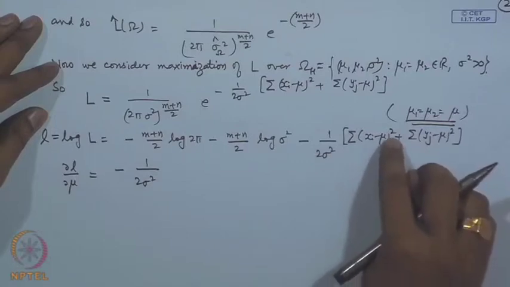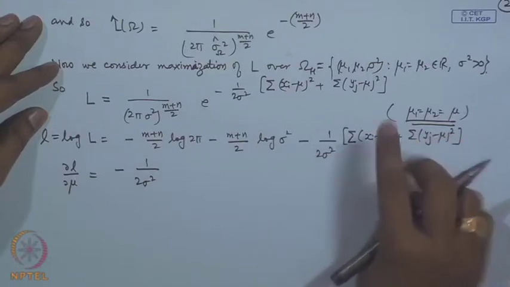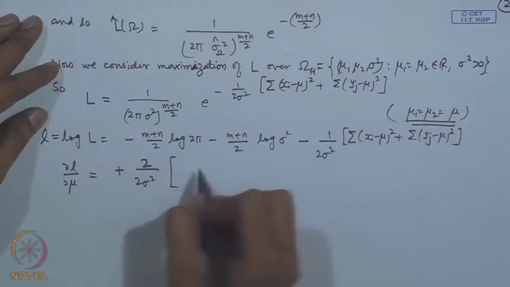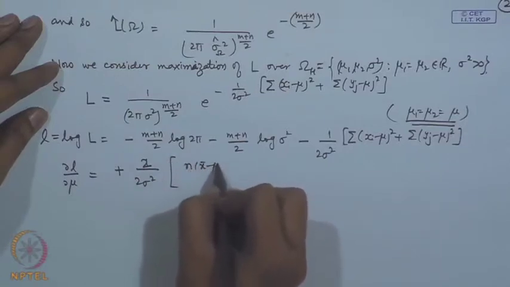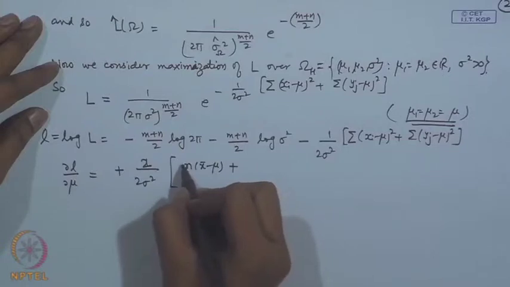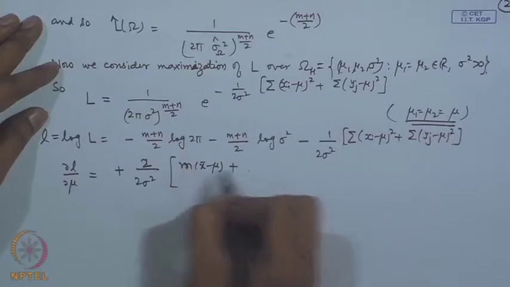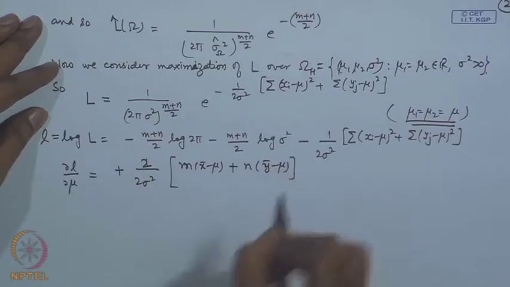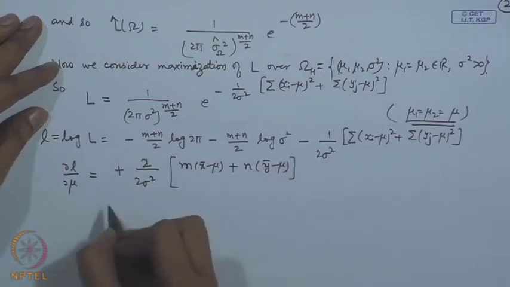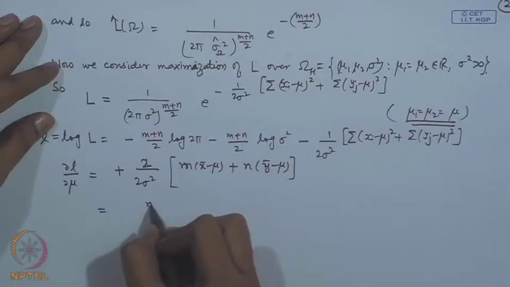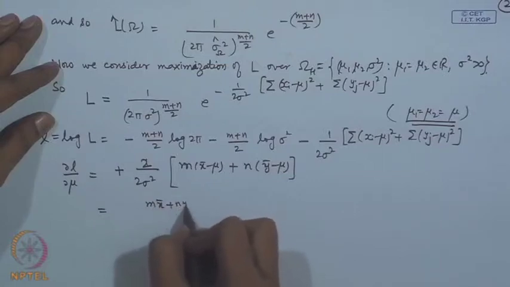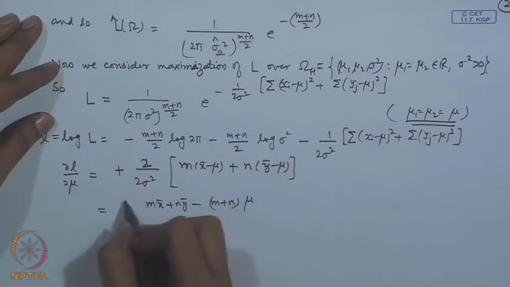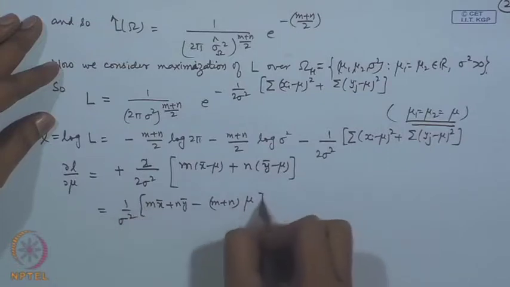Then, if I differentiate this and this term, I will get minus 2, so this will become plus, and I will get m times (x bar minus mu) plus n times (y bar minus mu). That we can say is m x bar plus n y bar minus (m plus n) mu, and this 1 by sigma square will be outside.